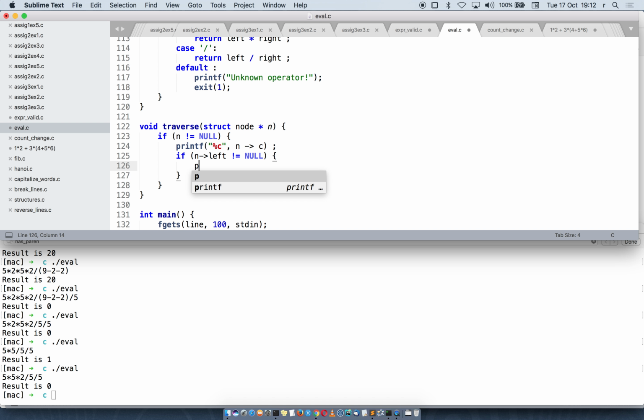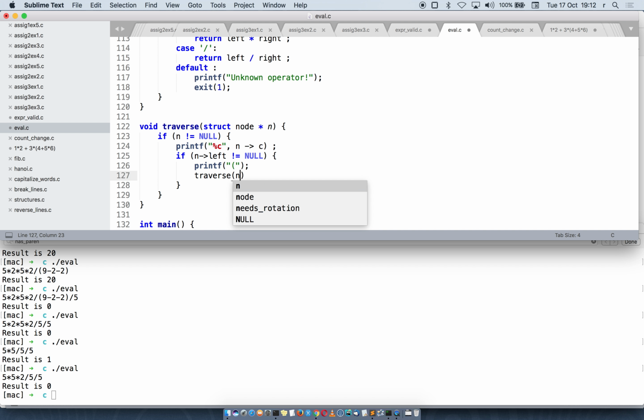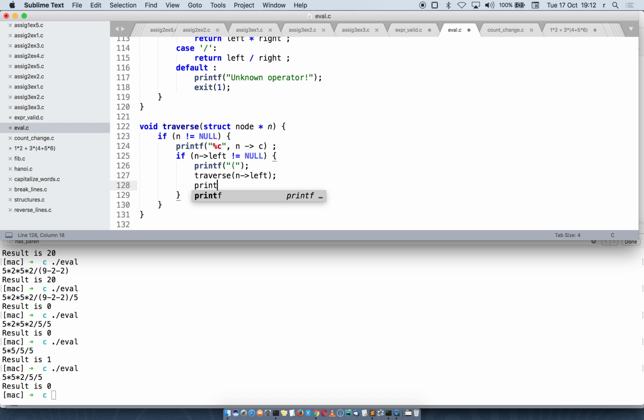I'm going to do printf, and now I'm going to put a bracket, and now I'm going to do traverse recursively n left, and then I'm going to print a comma, then I'm going to traverse right, then I'm going to get a close bracket.